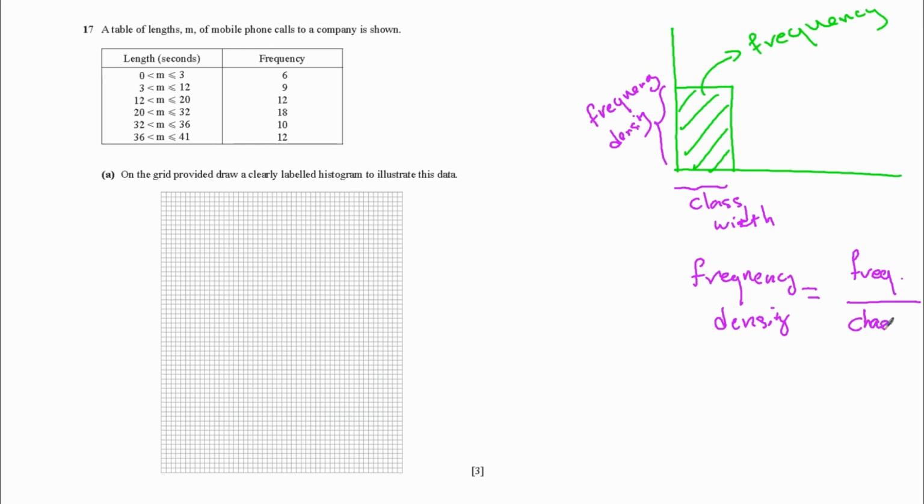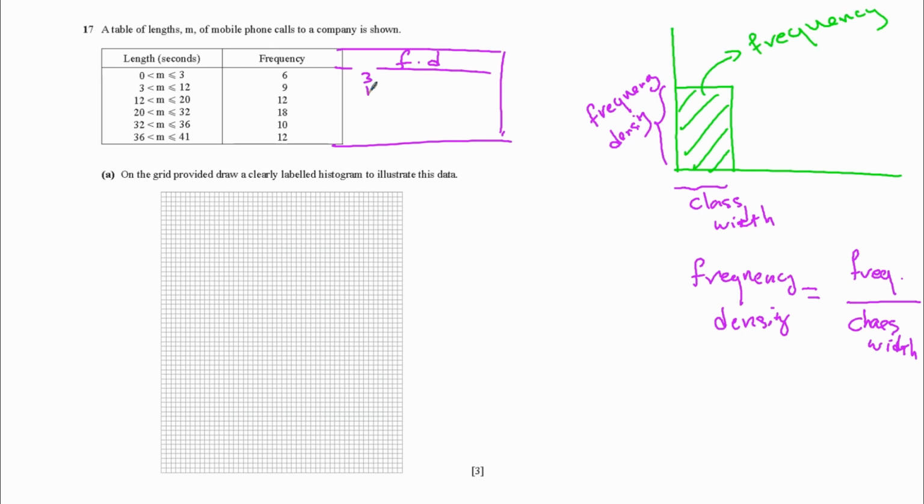Okay, so I can add a row in here for frequency density, and all I need to do is divide the frequency by the class width. So 6 divided by 3, the first one would be 3. The second one, 9 divided by 9 would be 1. The third one, 12 divided by 8, would be 1.5.